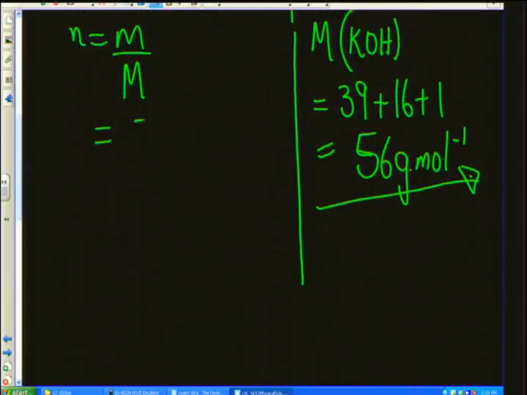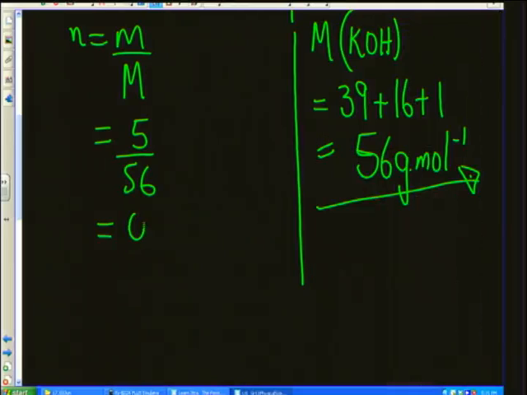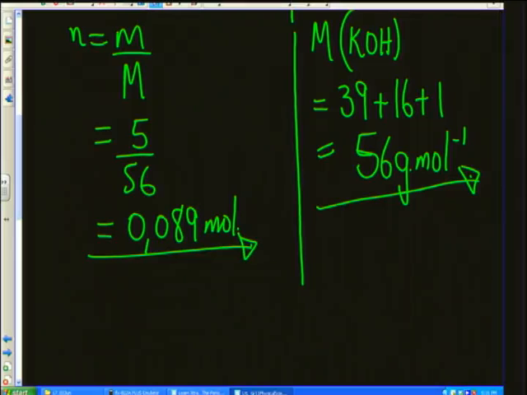So I'll say this is 5 divided by 56 to get the number of moles. Divided by 56, the answer is 0.089. So this is 0.089 moles.